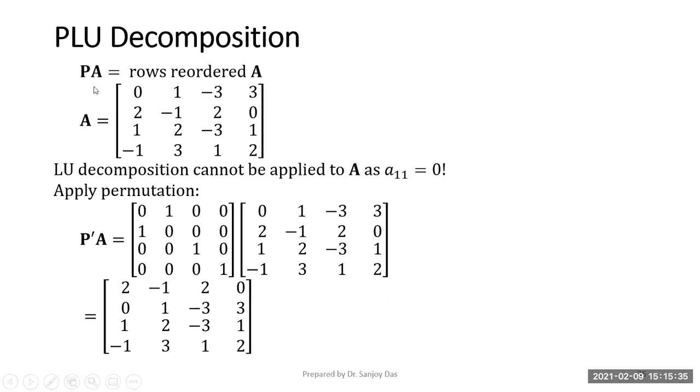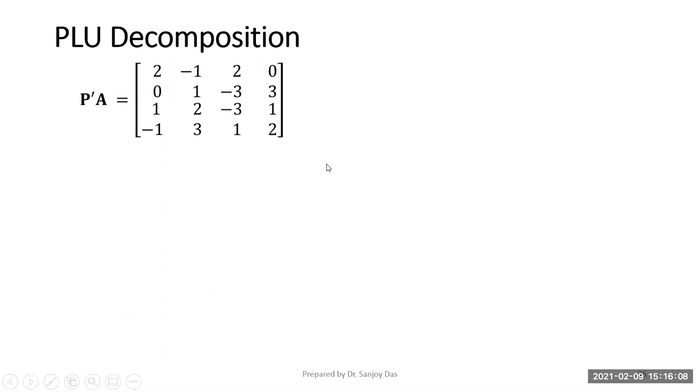So what I did was I took A, I shuffled its rows, which is equivalent to pre-multiplication with a permutation matrix. And then I got this matrix, which I can now use to apply LU decomposition. Now, this is the matrix that I get after I rearrange the rows, which is the same thing as pre-multiplying with, let's say, P prime.